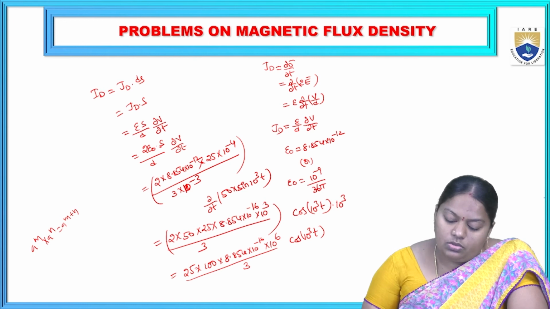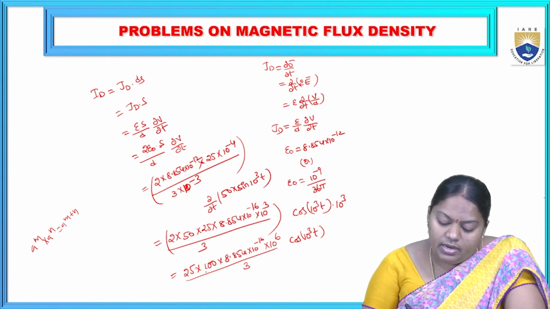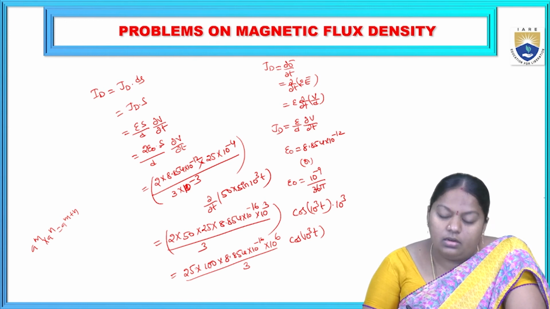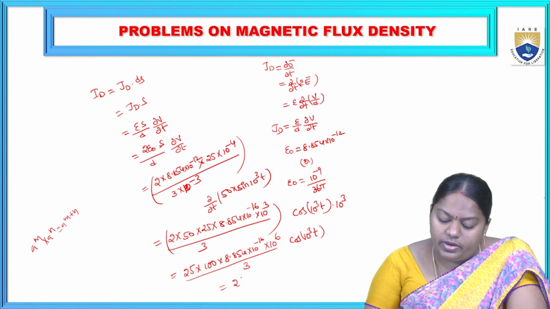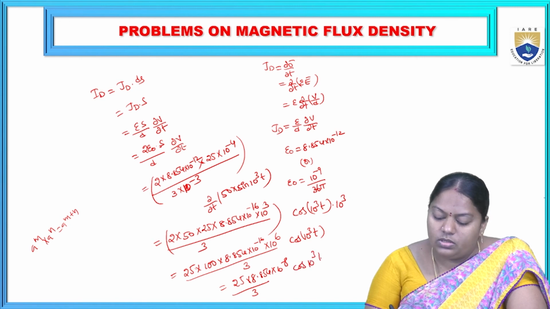If you completely evaluate this, 100 can be written as 10 square, and it becomes 10 power 6 and 10 power 2 is 10 power 8. So 10 power minus 16 into 10 power 8, it becomes 25 into 8.854 into 10 power minus 8 by 3 cos 10 cube t.